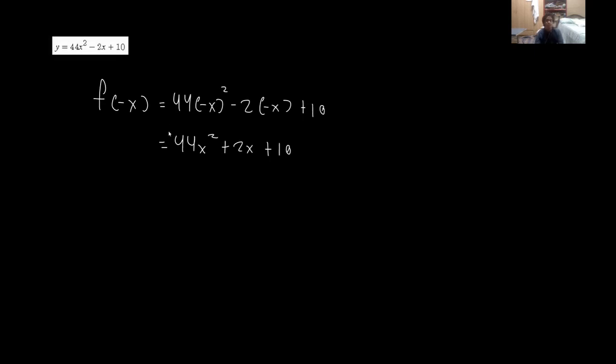Now let's compare. 44x squared, the same; negative 2x, positive 2x, not the same; and 10, and here 10, the same. So meaning only one of them changes its sign. Therefore, this is still neither.